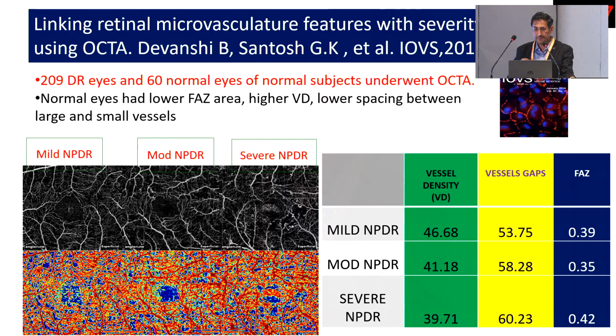But in diabetic patients, as the diabetic retinopathy grade increases, the vessel density is coming down, the vessel gaps are increasing, and the FAZ also is increasing. So it's a good way to study how diabetic retinopathy progresses.